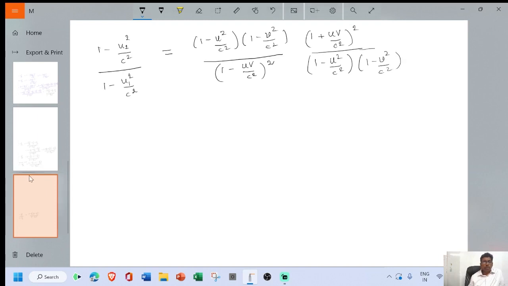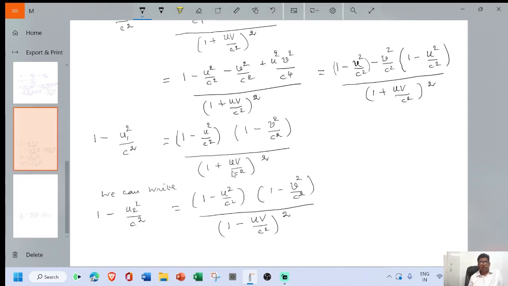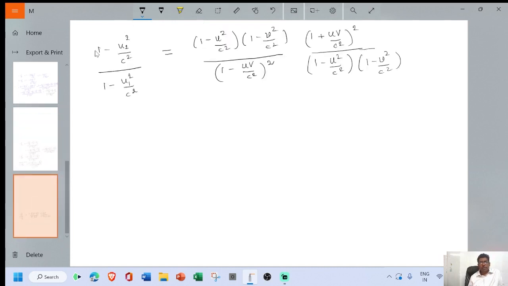Verify the value of 1 minus u1 square by c square. It is having a positive term. Therefore, this is equal to, cancel these two. We may cancel these two terms.